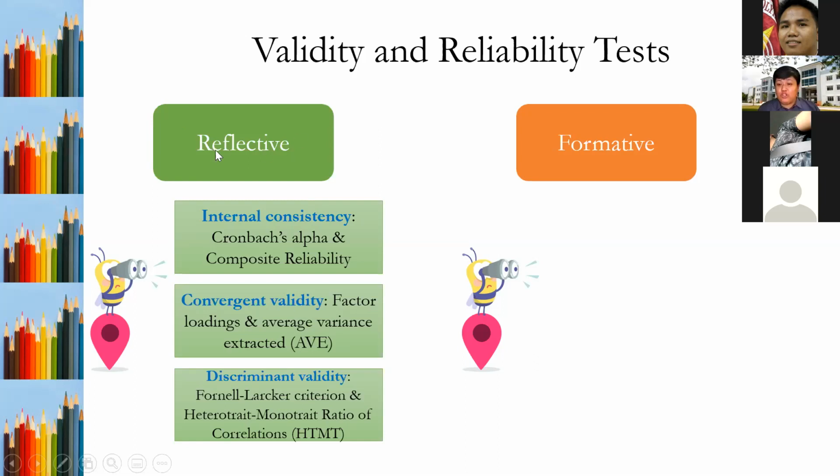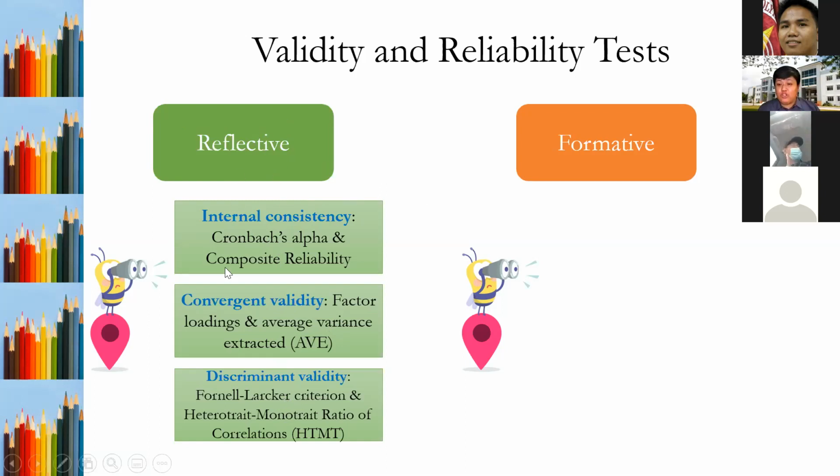So it means if your construct is a reflective construct, you need to measure the reliability or the internal consistency using Cronbach's alpha and composite reliability. In terms of validity, you need to measure convergent validity by examining the factor loading and the average variance extracted, and discriminant validity using Fornell-Larcker criterion and heterotrait-monotrait ratio of correlation, or the HTMT.